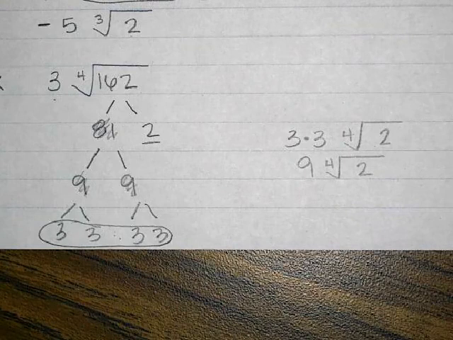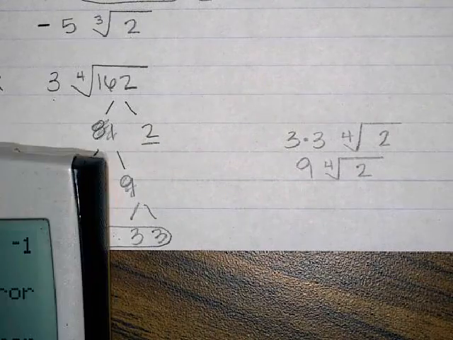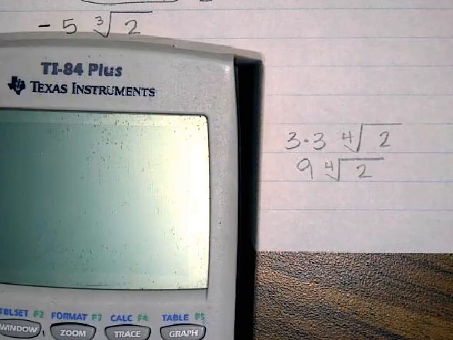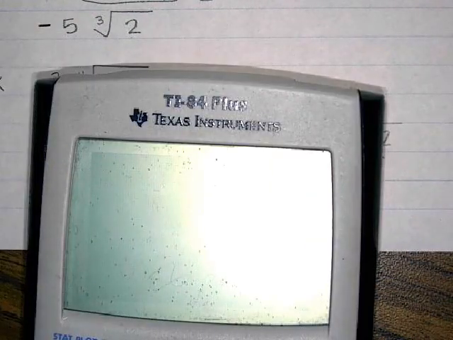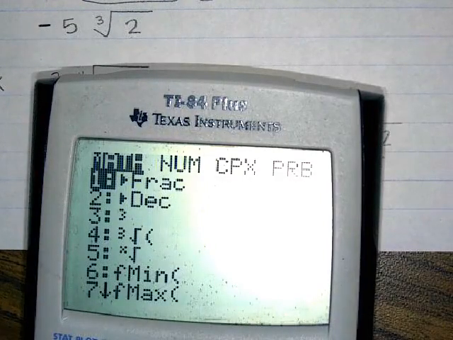And if you want to type this in so that you can check your answer, I think this is how you would type it. To do a 4th root, you have to do 4 and then hit the math button right underneath the green button and then do the number 5. So you have to tell the calculator what root you're doing first.